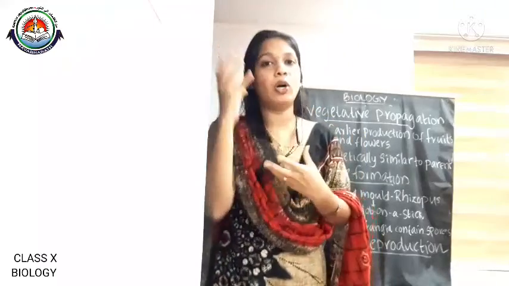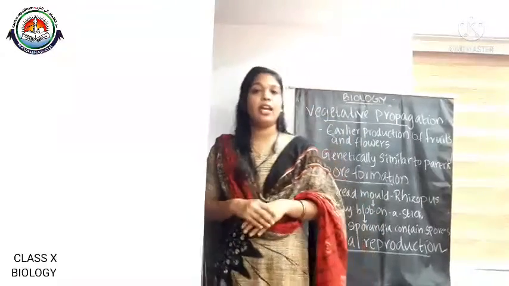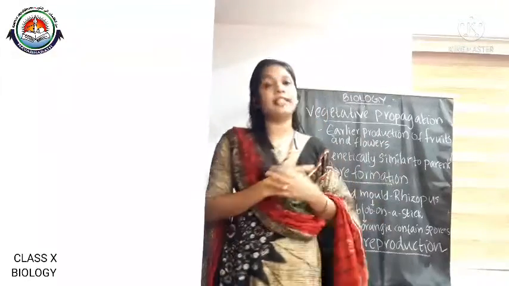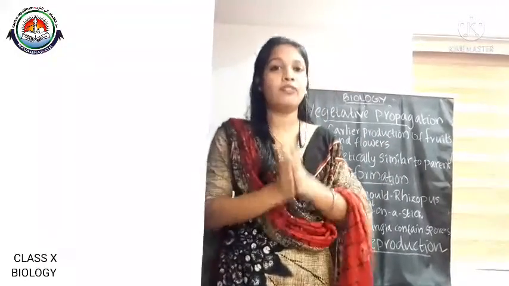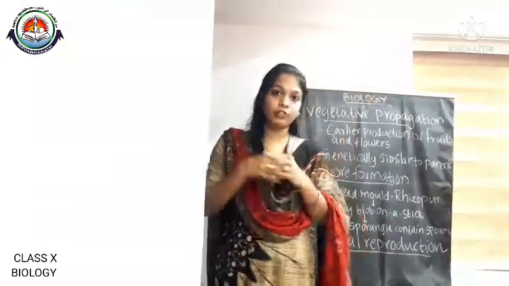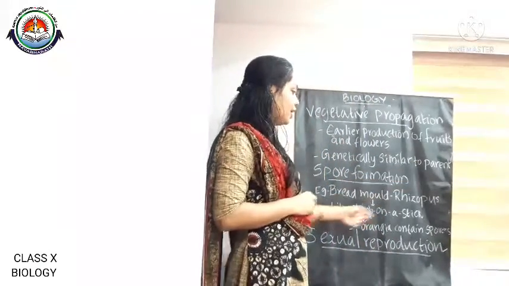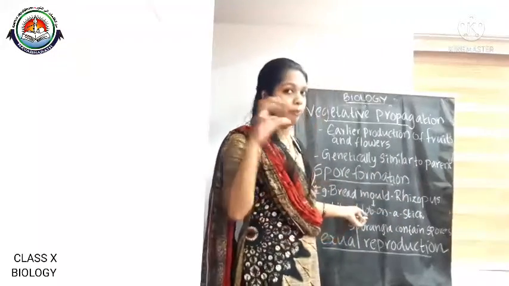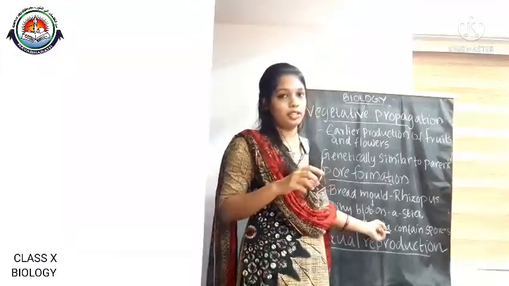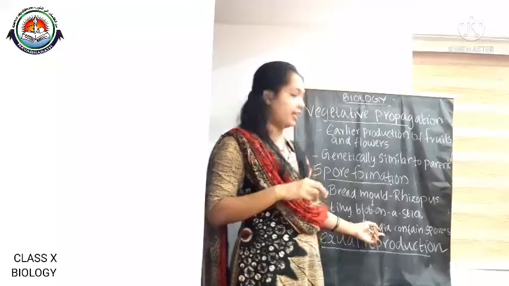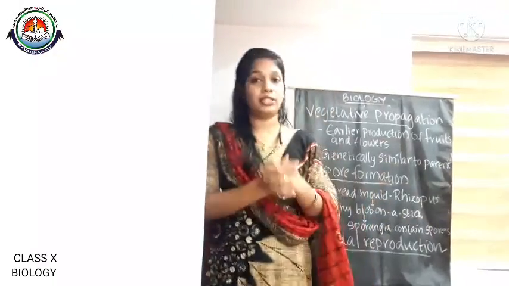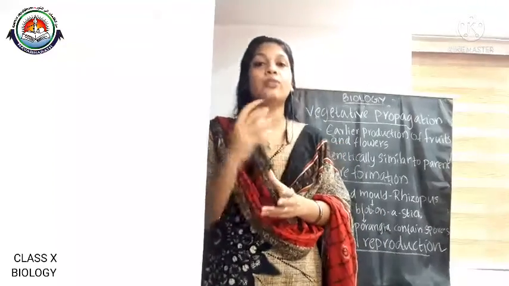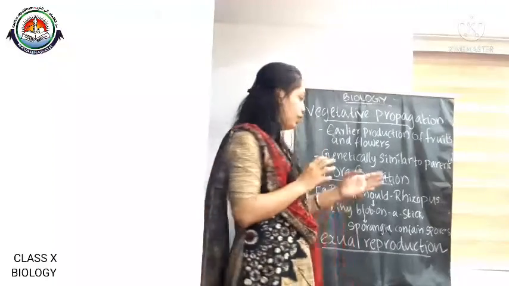The body of bread mold is called hyphae, and the hyphae contain a tiny blob on a stick-like structure. The hyphae is not the reproductive part of the bread mold. The blob contains sporangia, and the sporangia contain numerous spores, and each spore will give rise to a new hyphae or a new bread mold.